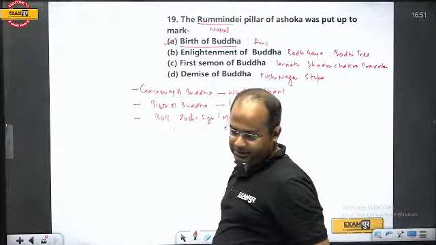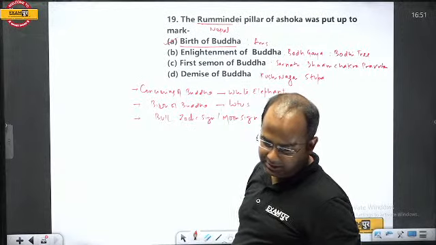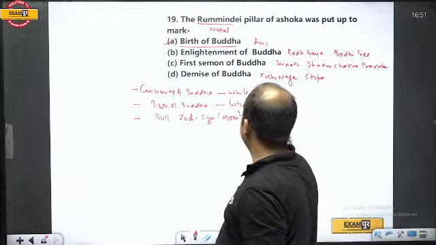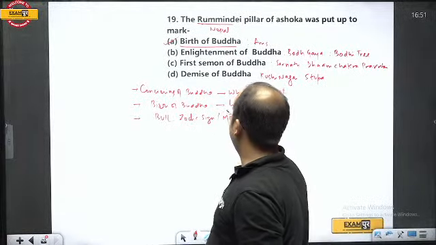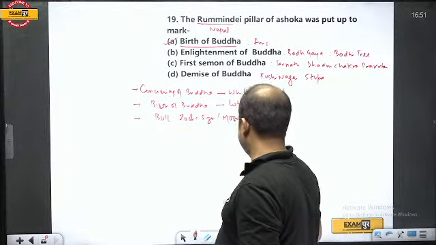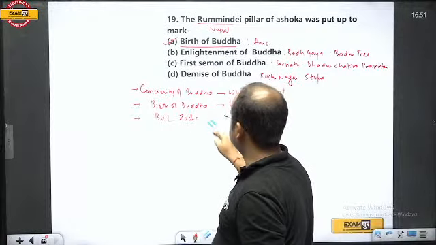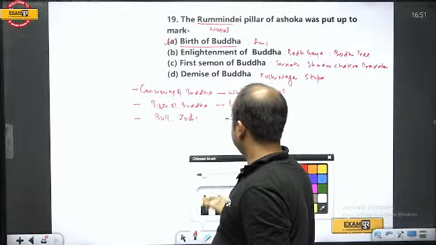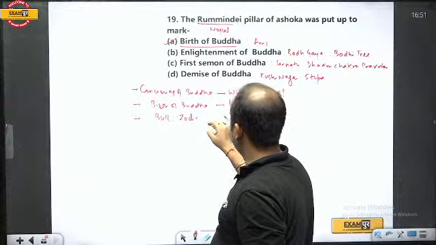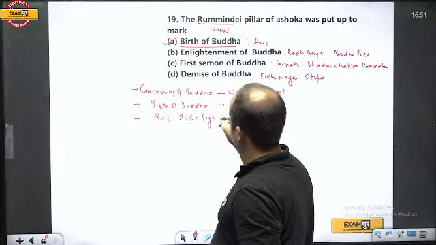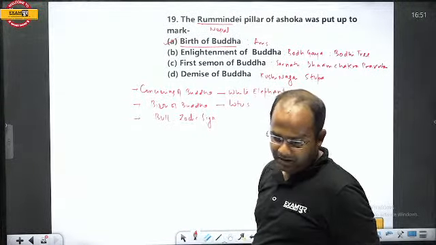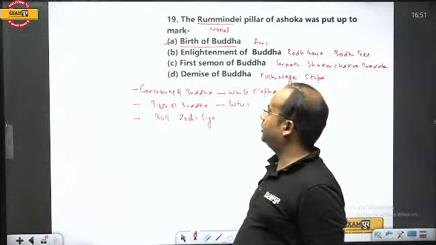So the lotus is the symbol of birth, guys. Conceiving of Buddha, white elephant. Birth of Buddha, lotus. Bull, the zodiac sign of Buddha. Okay, guys, this was all about today's session.